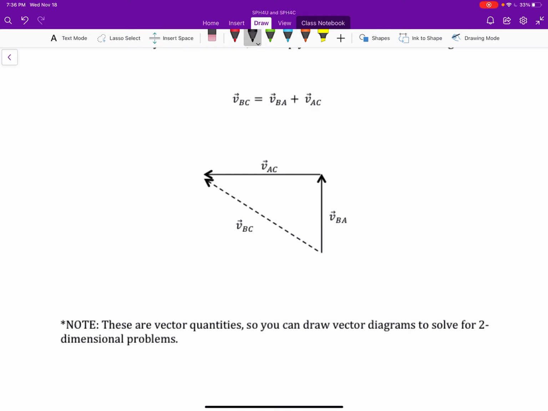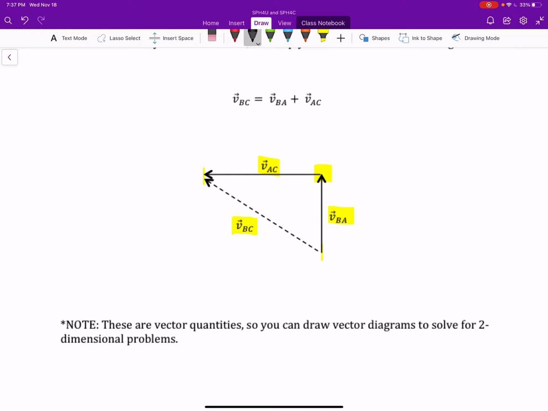When we put the velocity of B relative to A as our first vector, going up, and the other vector A relative to C, when these vectors are tip to tail, the resultant vector will go from the tail of our first one to the tip of the other. That gives us our resultant vector V subscript BC.